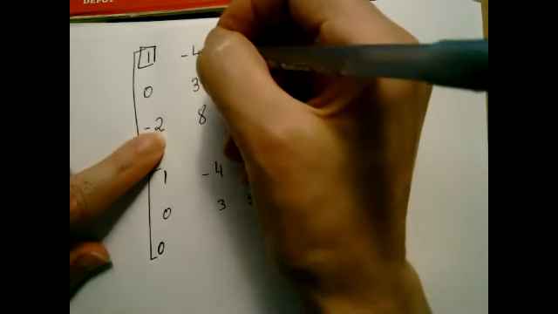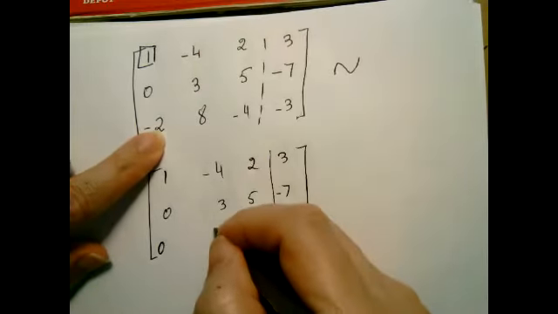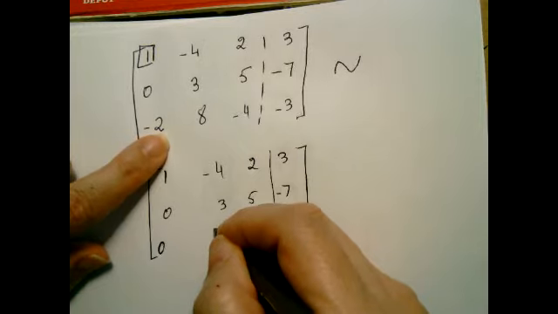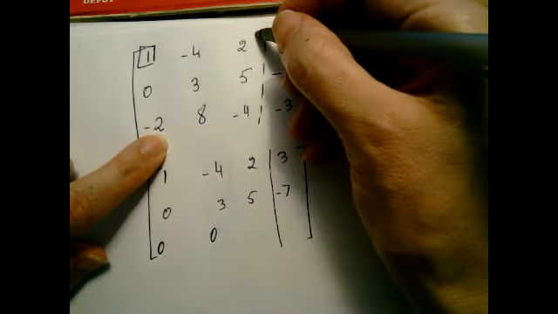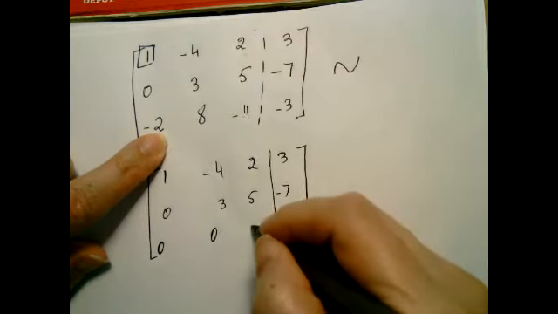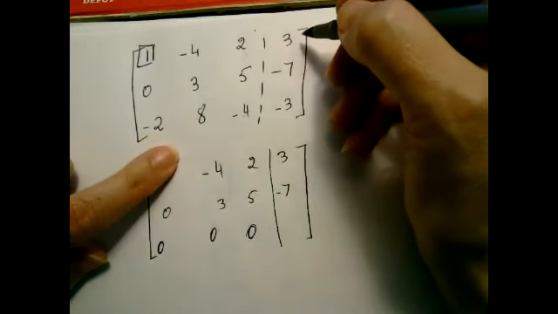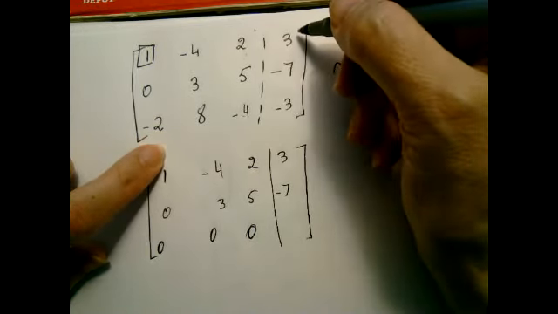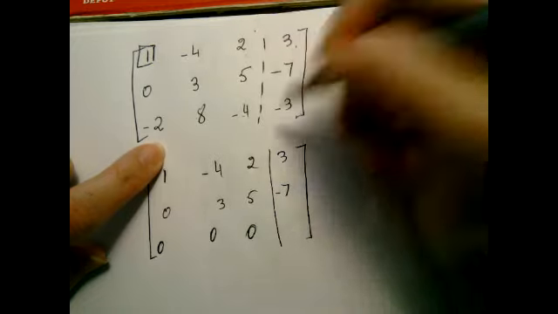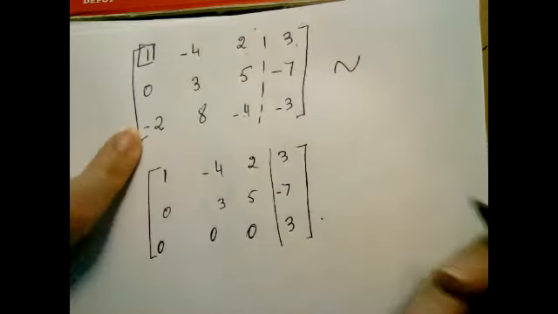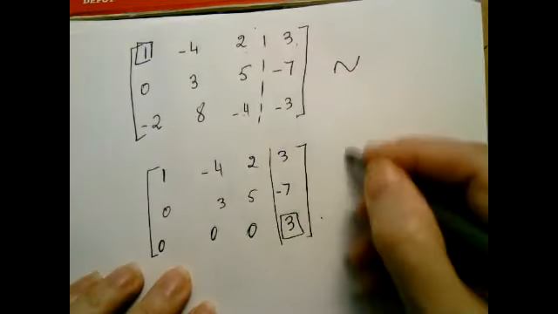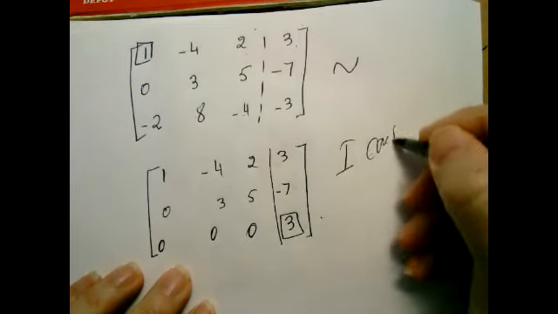I multiply this by 2, I will have minus 8 plus 8. Am I right? 0. 2 times 2 minus 4, that's 0. Okay, so definitely we know that there is an issue, right? 2 times 3 is 6 minus 3, that's a 3. So definitely we have an inconsistent system.